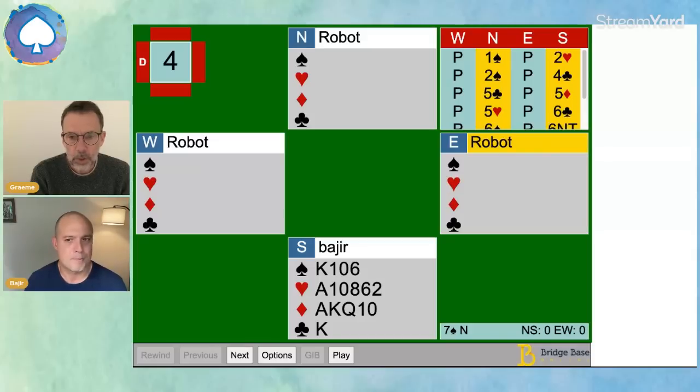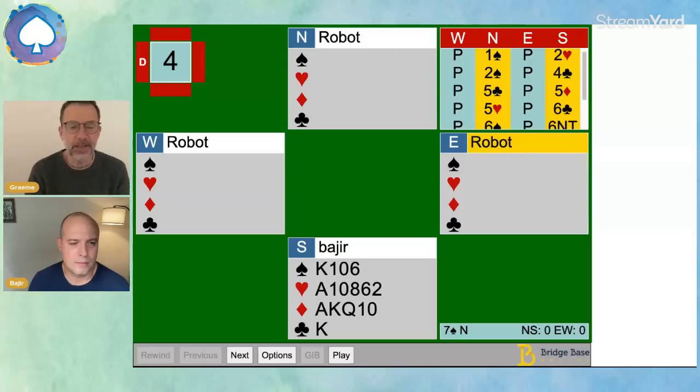Okay. So let's think about the general approach to slam bidding, or what mine is anyway. You can never be sure about things. Even when you see the dummy, you won't necessarily know whether a slam is going to make or not. So if you don't know when you see the dummy, you're certainly not going to know when you're just looking at the auction.